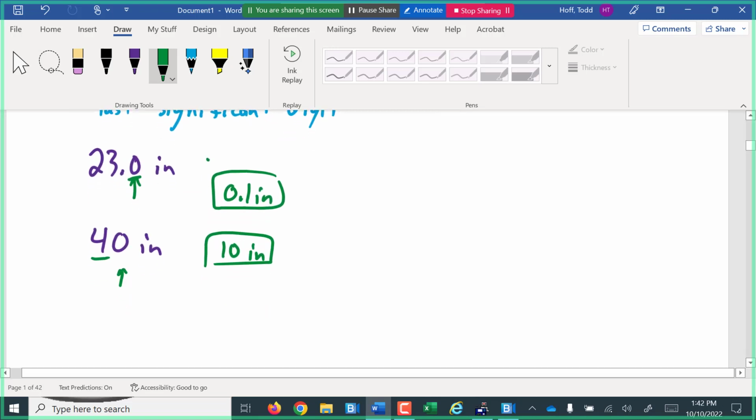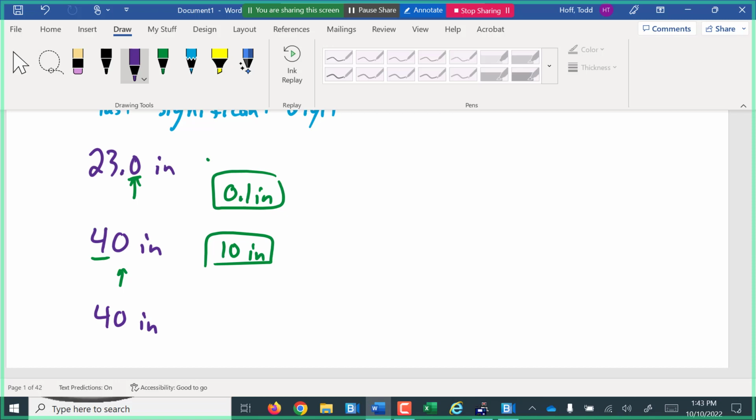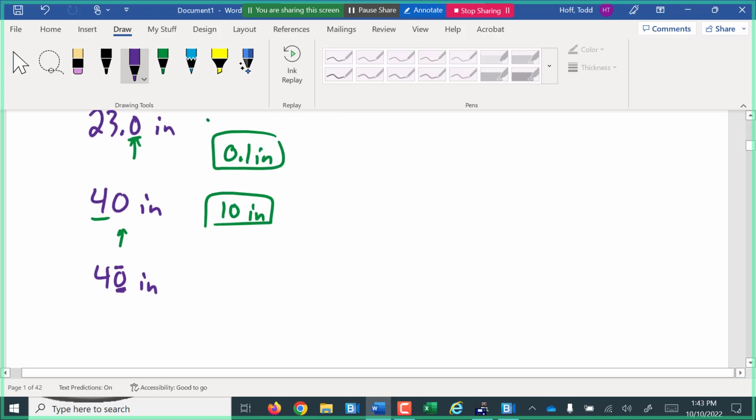What if we measured something and it came out to be 40 inches? We're measuring to the nearest inch, but it came out to be nearest to 40 inches. How would we have to indicate that? Well, we would put a line either above or below that 0, indicating we really did measure to the nearest inch.